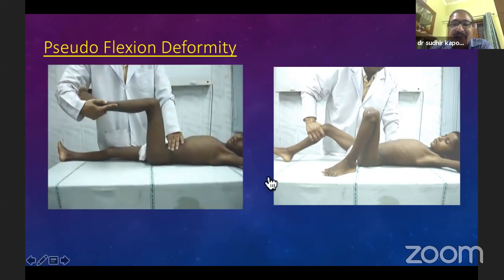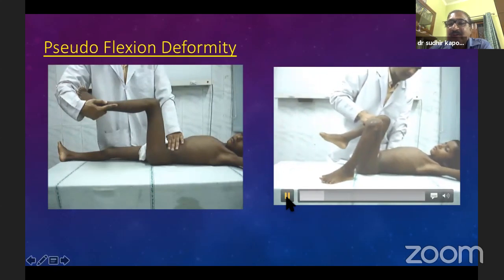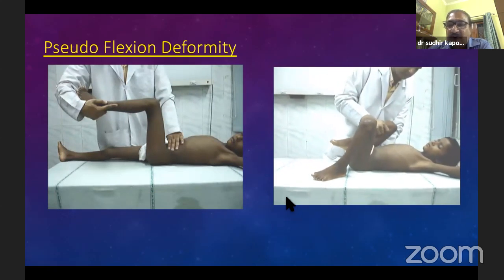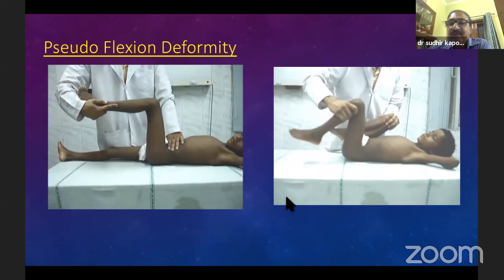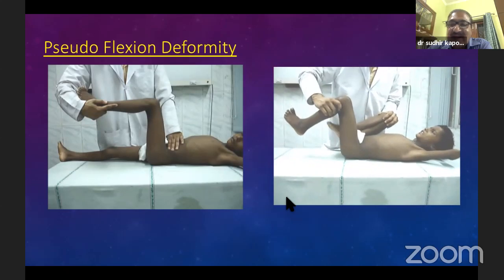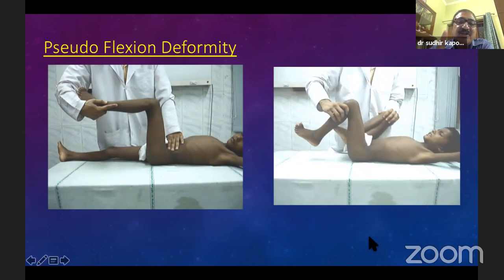At the same time, in the same patient, if we try to do the Thomas test, the child cries. This is a typical example of a case of pseudo flexion deformity, in which case hip rotations will be free and painless.